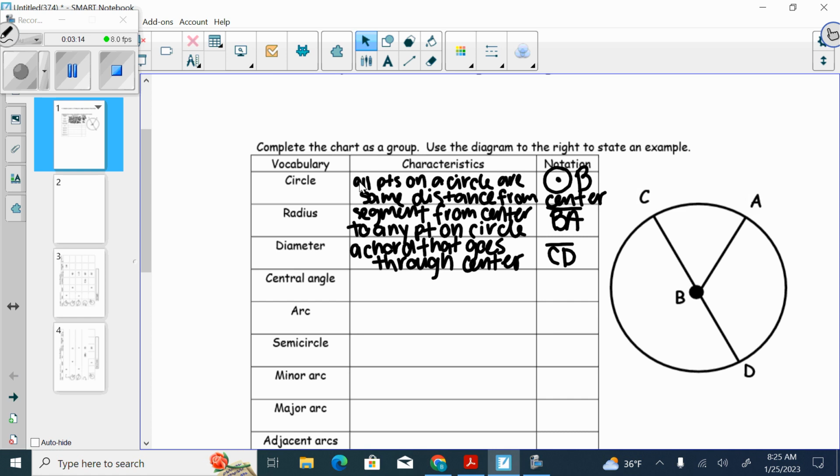So the vertex of the angle has to be the center of our circle. So this would be an angle with a vertex at the center. What would be an example of a central angle here? Good.